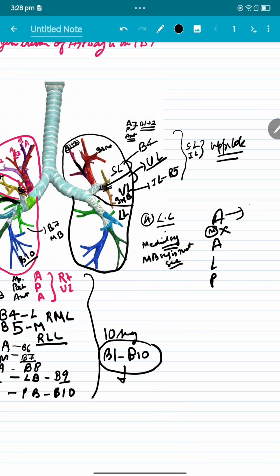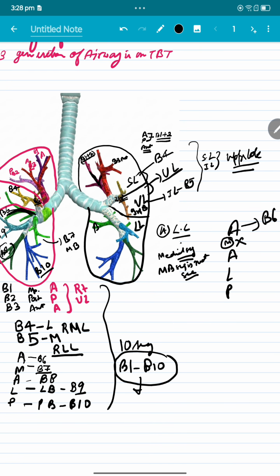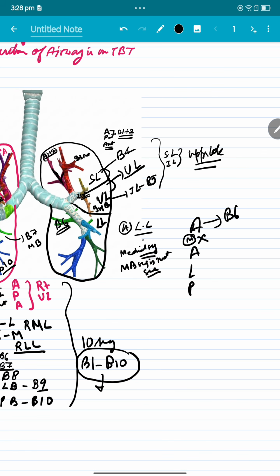For the apical segment you have B6. Then B7 is not there, and then you have B8, anterior basal, B9, lateral basal, and B10, posterior basal.